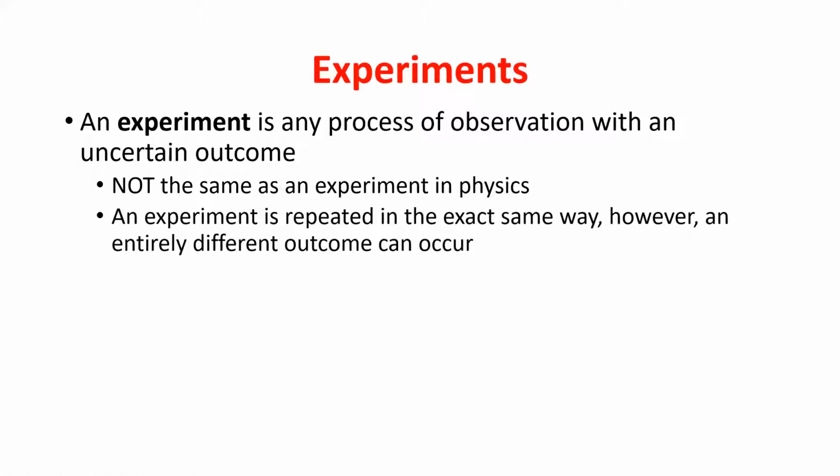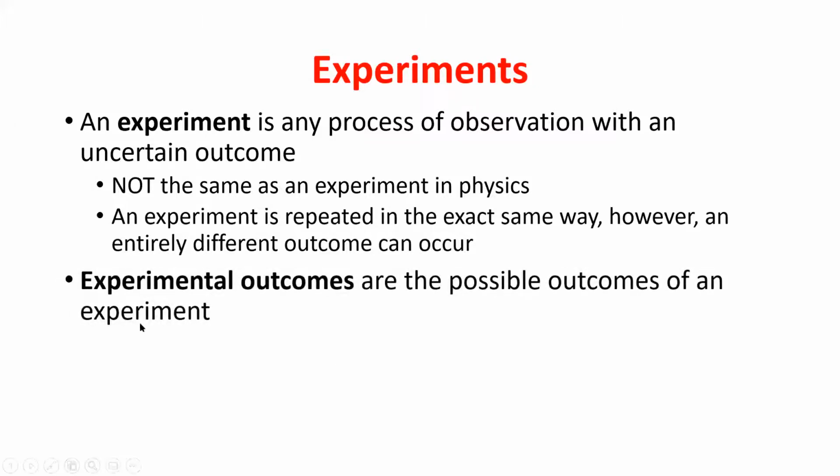I can keep repeating this experiment, and the outcome could change every time I run it. So all these different outcomes we could see, we're going to call these experimental outcomes, right? The easiest one: if I flip a coin, what are the 2 possible experimental outcomes I can see? Heads or tails, right? Rolling a dice, well, unless I'm playing Dungeons and Dragons or something, 1 through 6, a conventional dice.